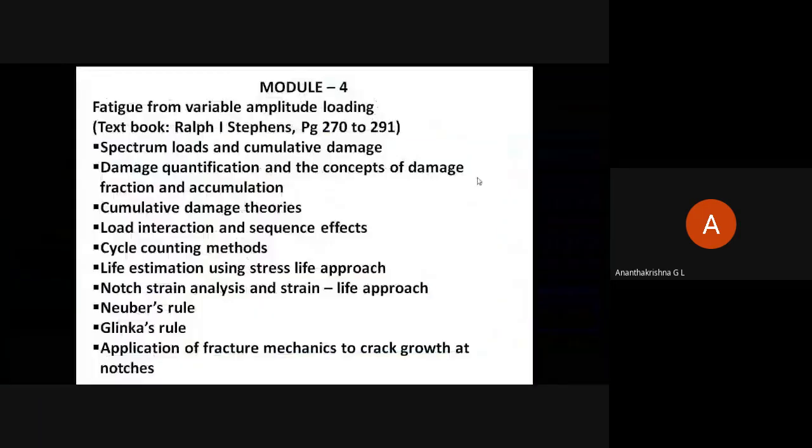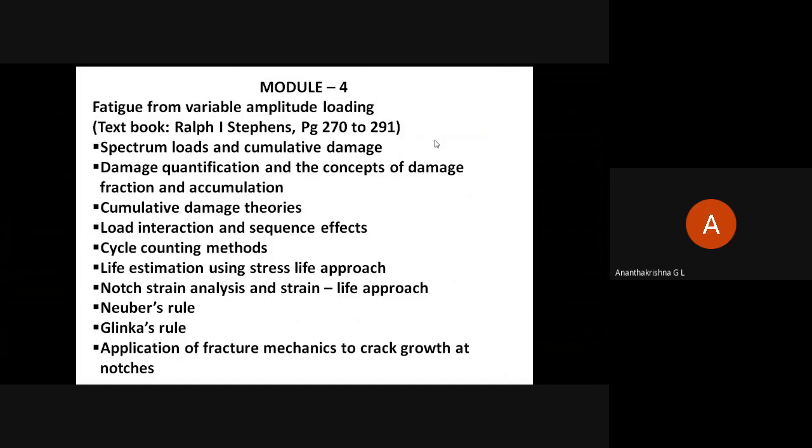And then continue tomorrow. In module 4, I have taken totally from Stephens, page number 270 to 291. So this is the complete chapter from Stephens' book, because Norton is not so comfortable for this chapter.